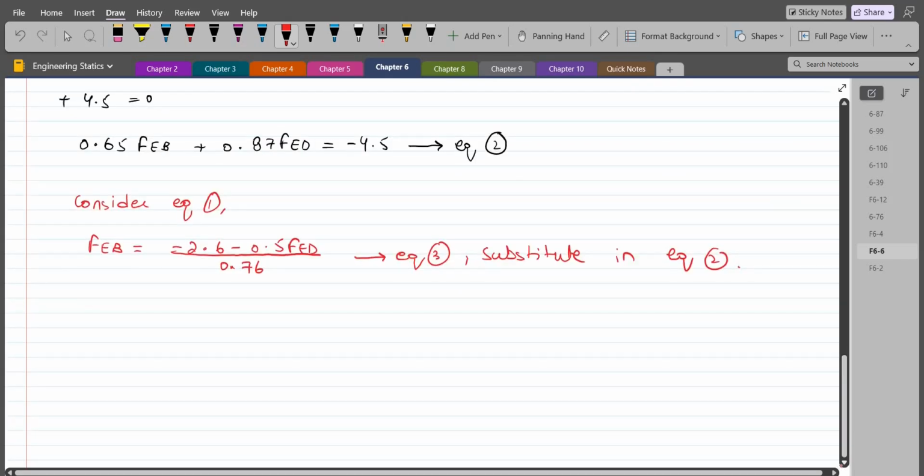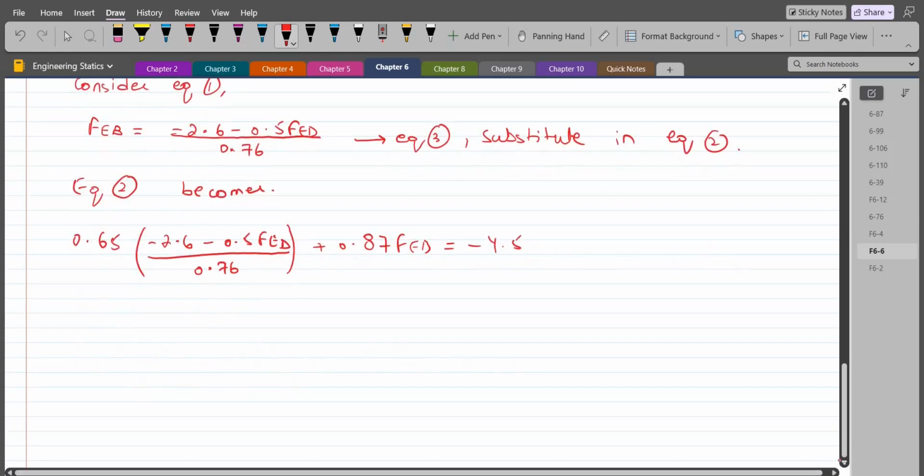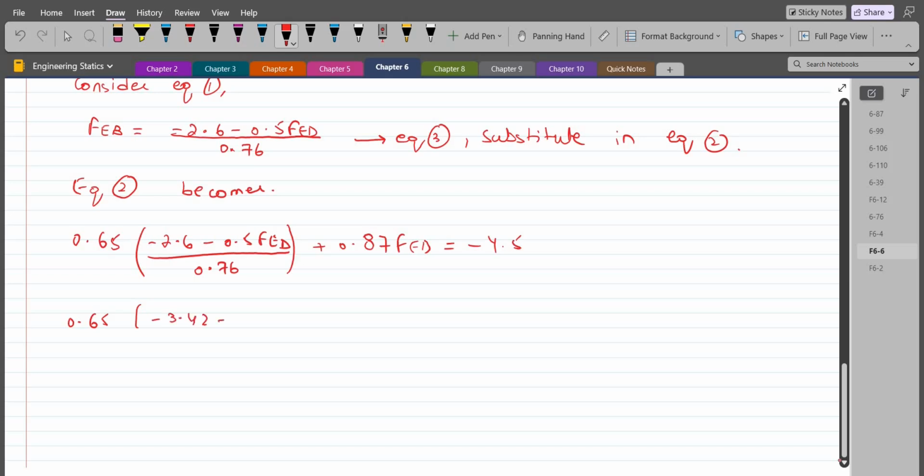So equation 2 becomes 0.65 FEB, and now in the place of FEB we have negative 2.6 minus 0.5 FED divided by 0.76 plus 0.87 FED equals to minus 4.5, and upon further simplification we have 0.65 into negative 3.42 negative 0.66 FED plus 0.87 FED equals to minus 4.5.